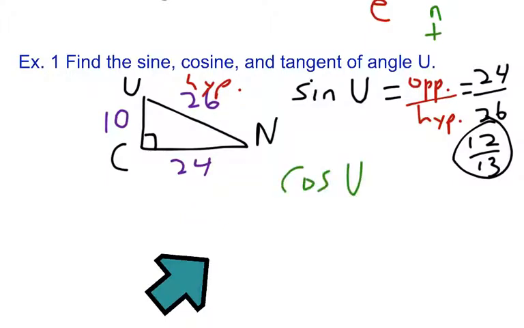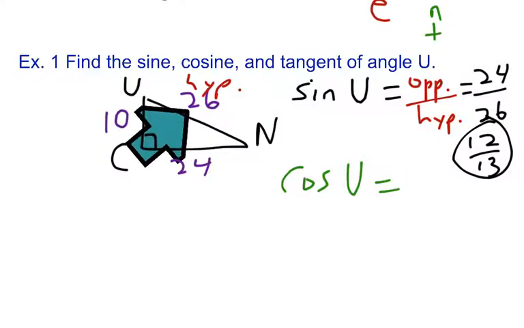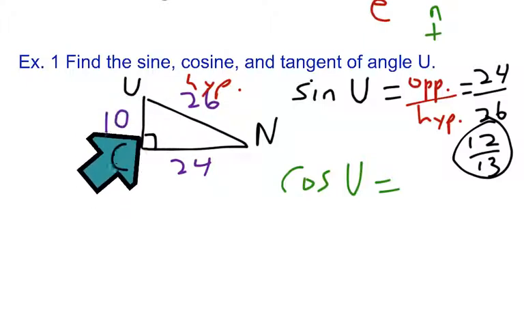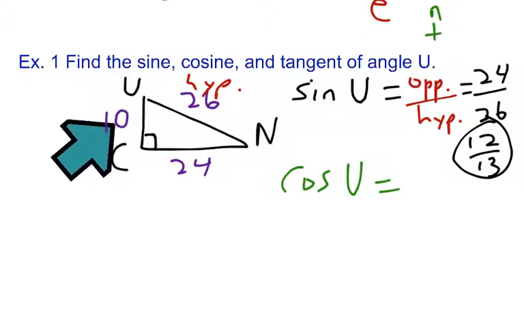So cosine of U equals, and what's adjacent to U? Well, this and this, but we don't call the hypotenuse the adjacent, remember? So the other adjacent side is the 10. I think adjacent means next to or next door. So there's angle U, the 10 is next door to it.